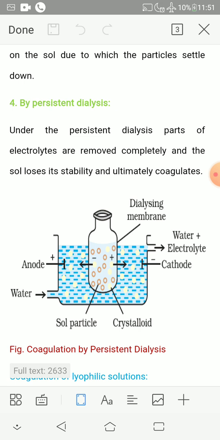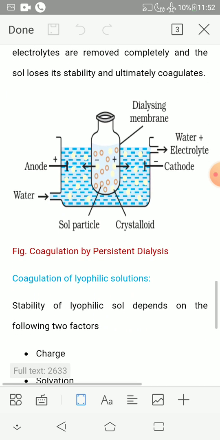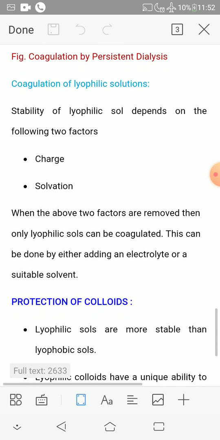So these are the four basic techniques of coagulation. Coagulation means precipitation of colloidal particles under the action of gravity.